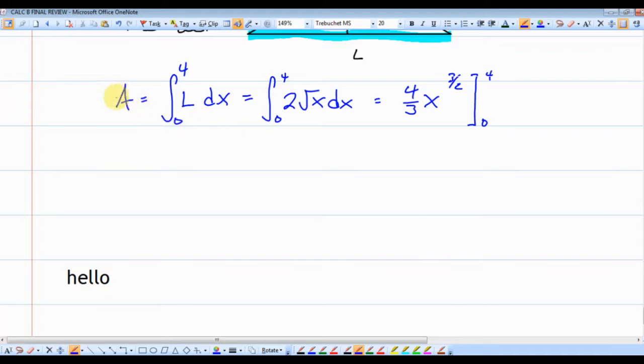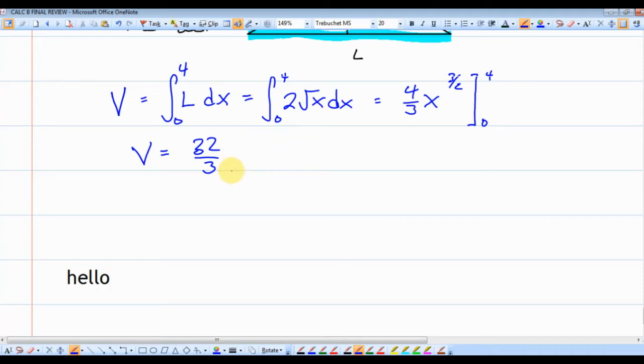No pi. No circles. Alright, square root of 4 is 2, cubed is 8, times 4/3. Good. 32 over 3 minus square root of 0. Good, we're done. 32 thirds.